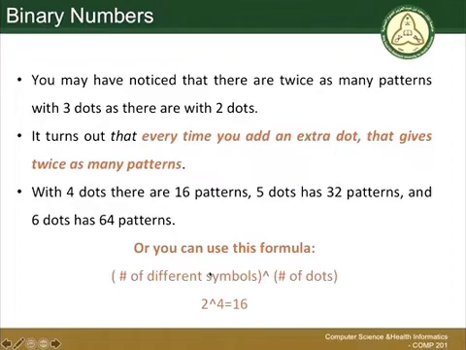We know it's a binary system, so the number of different symbols is 2. So it's 2 to the power of the number of dots. If the number of dots is 4, 2 to the power of 4 is 16. If I have 5 dots, 2 to the power of 5 gives me 32, because it's 2 multiplied by 2 five times.